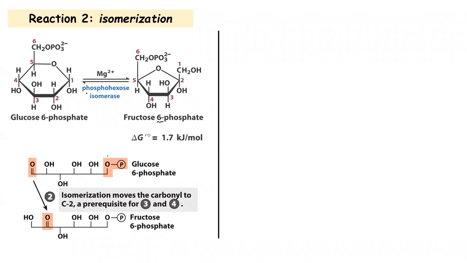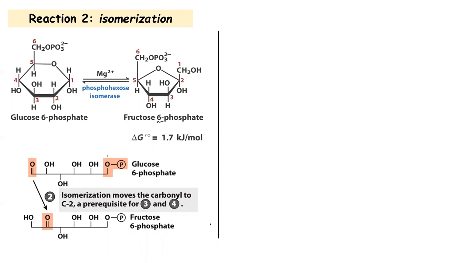And so what we do in this process is just shift the carbonyl group, with the oxygen here, from being attached to one carbon and attach it to another carbon instead. That's all.